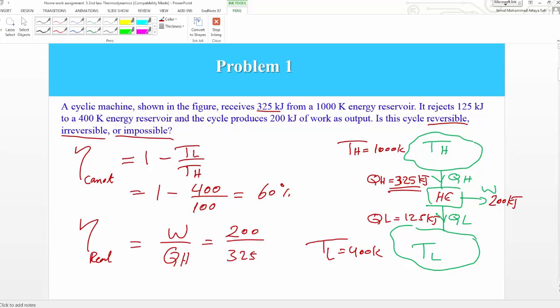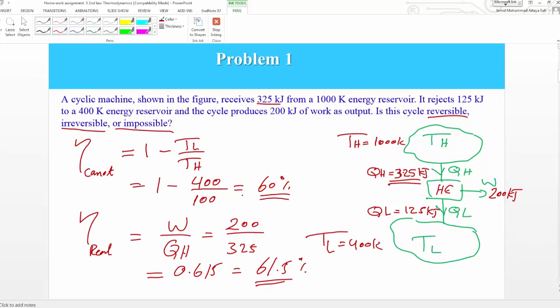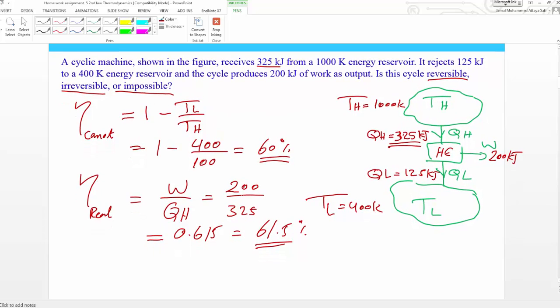And if you do this, that's going to give you an efficiency of 0.615, which means that the efficiency is actually 61.5%.